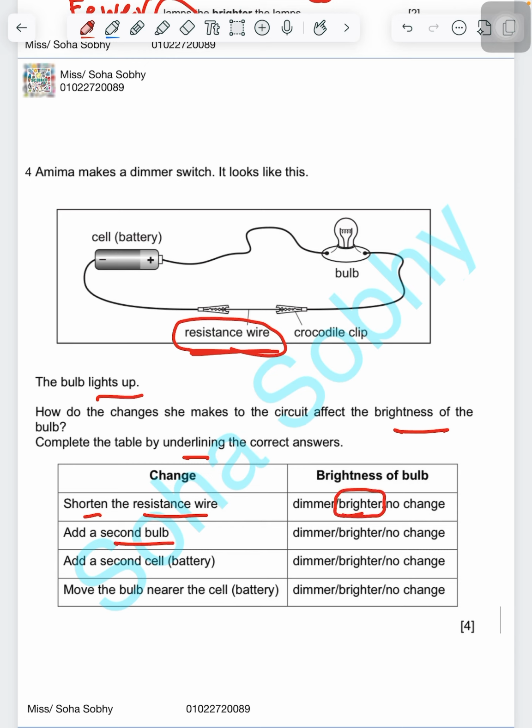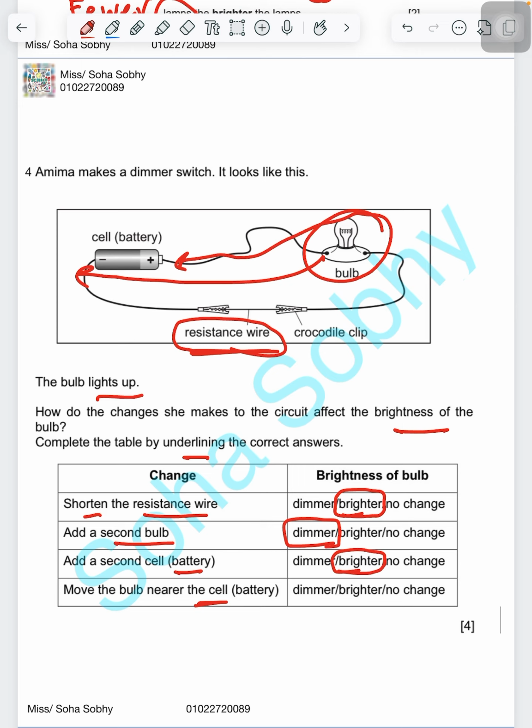Add a second bulb. We said more bulbs make the lamp dimmer. Add a second cell, more batteries, brighter lamps. The last one, move the bulb nearer the cell. If you put the bulb here or here, does it affect the brightness?